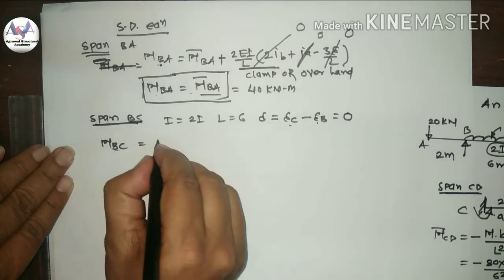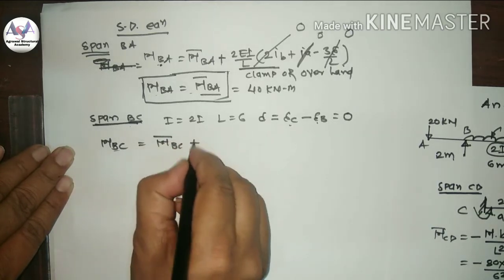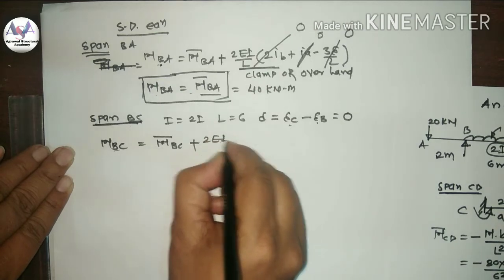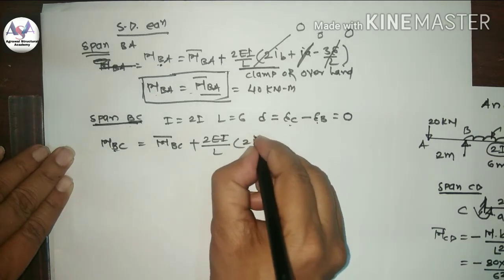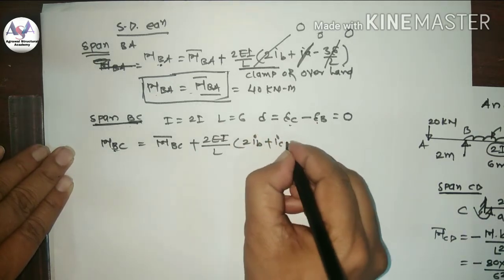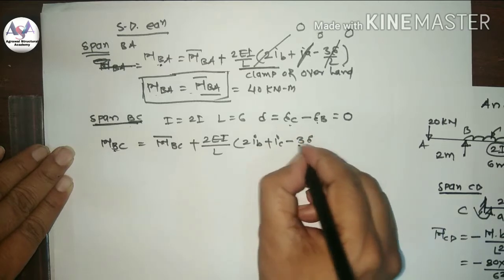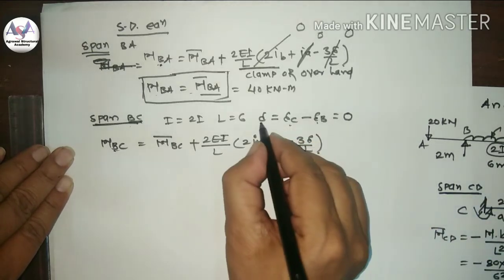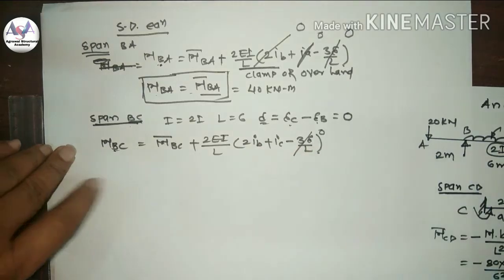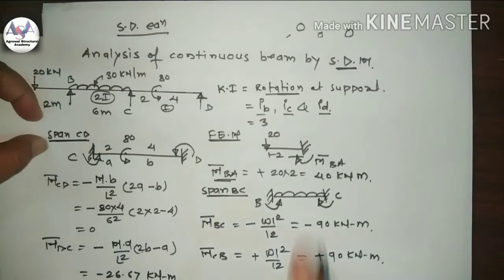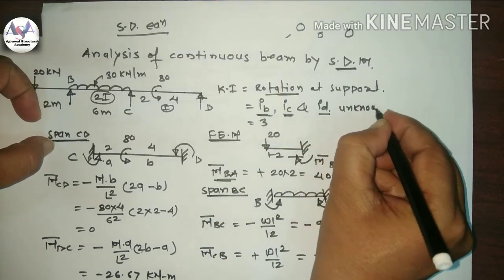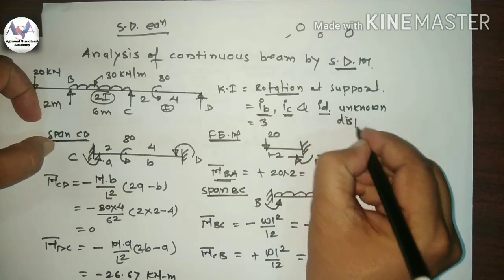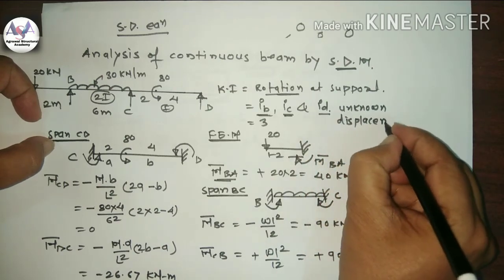You have taken MBC, to take the M bar BC plus twice EI by L into B, your first letter, so take twice IB plus IC minus 3 delta by L. Because delta is 0, this value is 0, but IB and IC are the unknown displacement. These are not 0, that we have to find.